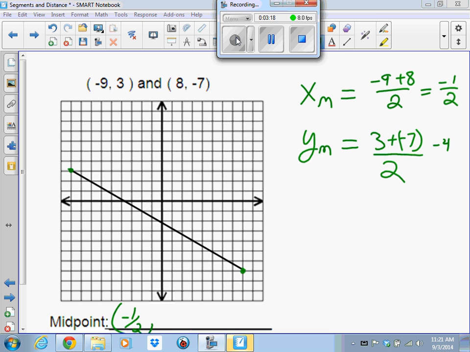It gives me -4 over 2, which is -2. So here we are at -1/2, -2. This is my midpoint of that line segment. It's just in the middle. It doesn't have to always be perfect.